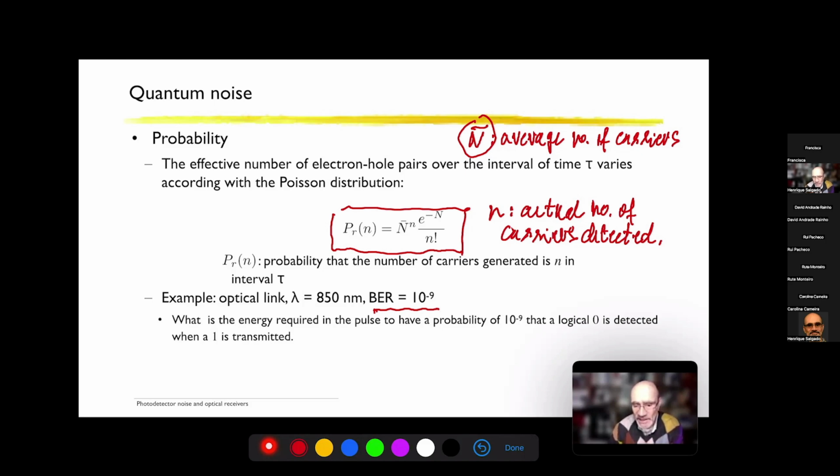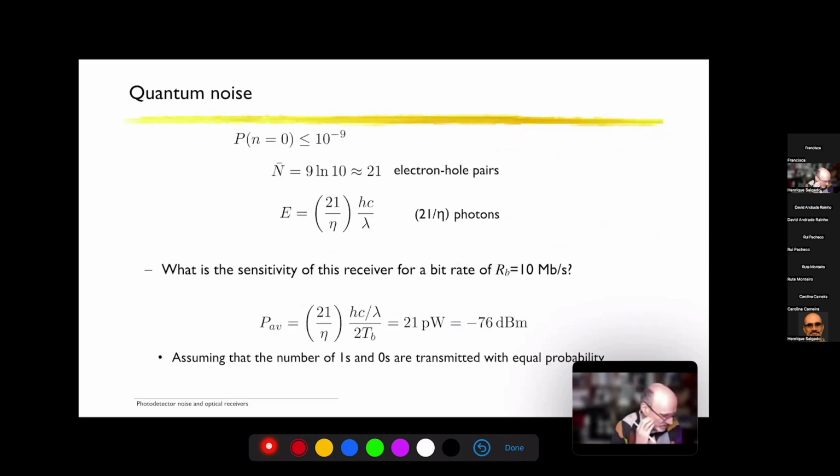Because ideally, when there is no power incident at the detector, we know that a 0 has been transmitted. So we want to know the probability that when a certain power in a pulse duration is sent, the number of carriers detected is equal to 0. And the probability should be less than or equal to 10 to the minus 9.